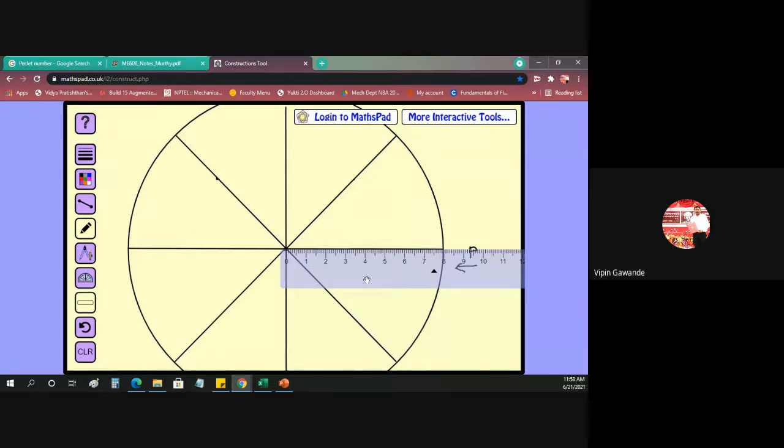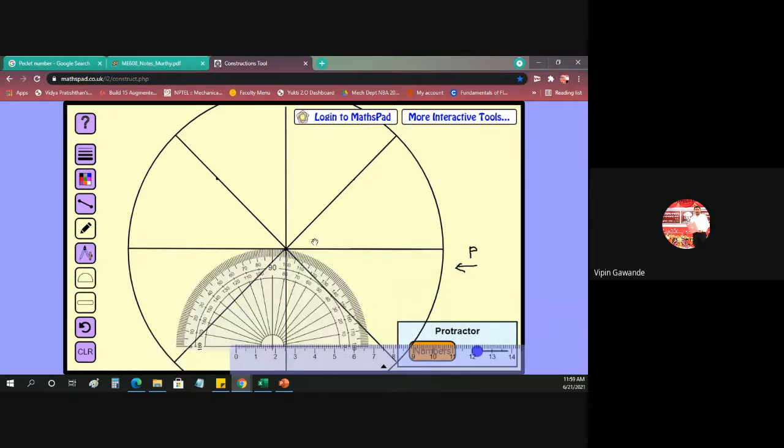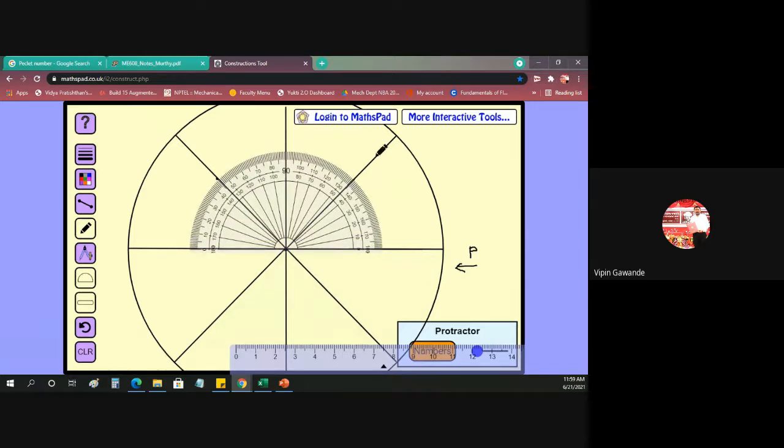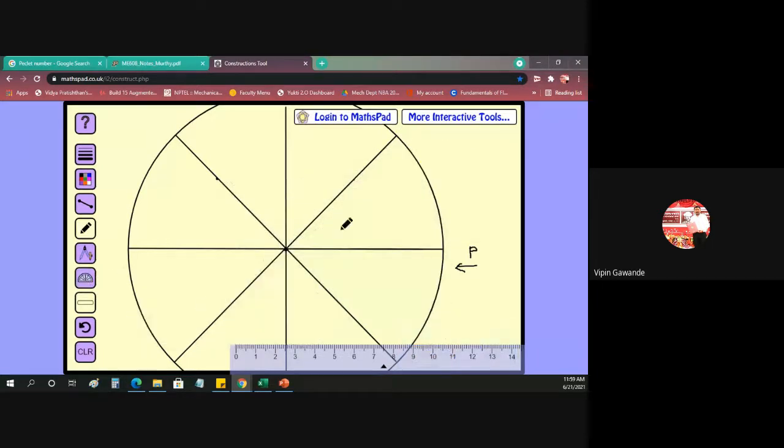So I have taken a 45 degree angle, 45 degrees on this side and 45 degrees on this side, and drawn these 45 degree lines, dividing the circle into 8 parts.